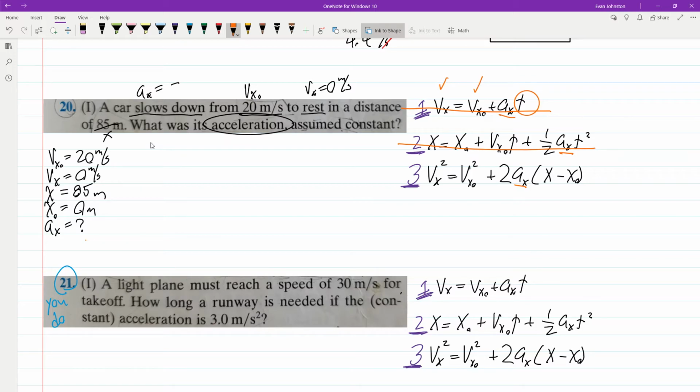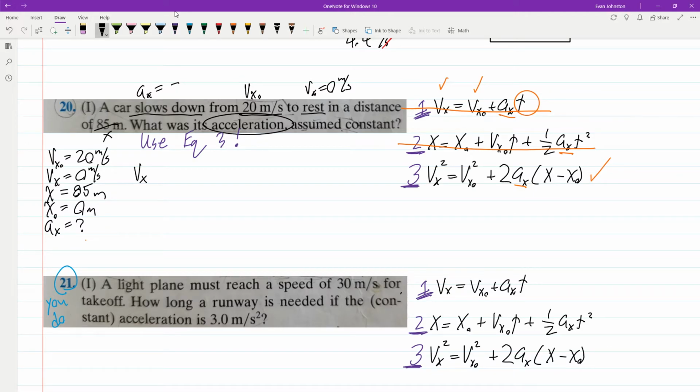Do I know the acceleration? No, that's what it's asking me to find. Do I know how far it's traveled? Yes. We're going to use that one. All right. So we'll use equation 3 for this. All right, so here we go.